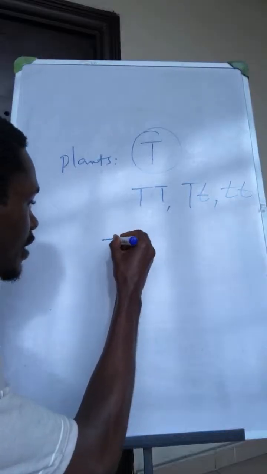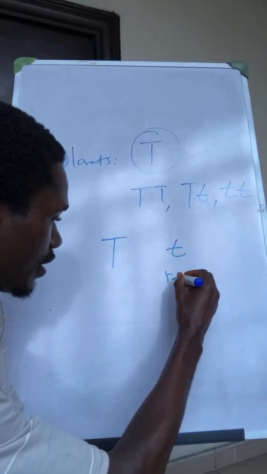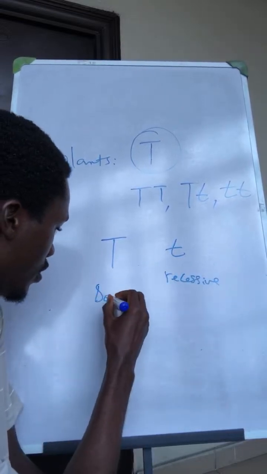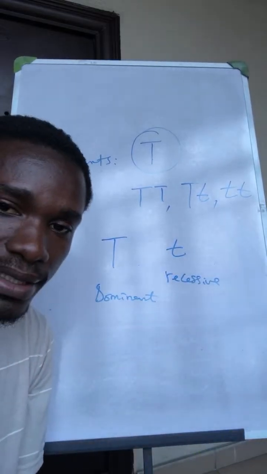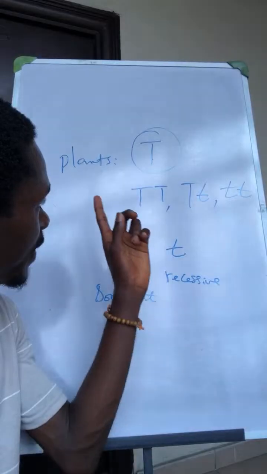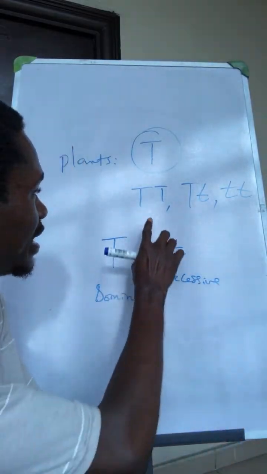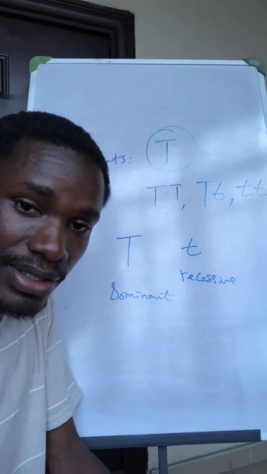So big T is dominant, while small t is recessive. It means that as long as an organism has just one capital letter of that gene, that organism will express the dominant trait.